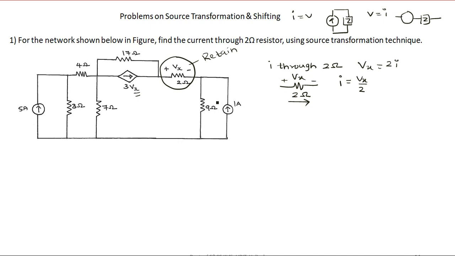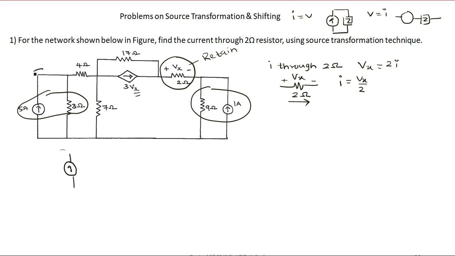So now if you study here, first thing you understand is we have 5 amps connected in parallel with 3 ohms, as well as 9 ohms connected in parallel with 1 ampere. So if I consider only one part of the network, what I will get is this.